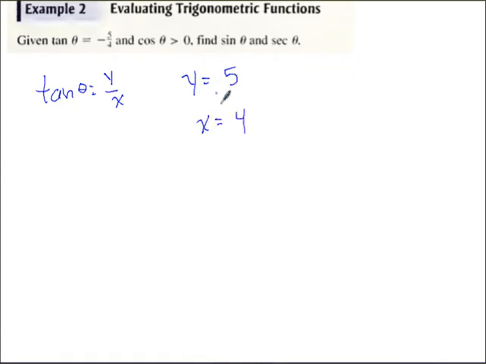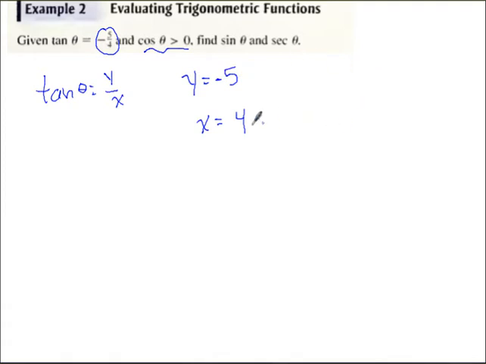What I don't know is which one of these is negative, but they give me this extra information, right? I know from the fact that I have -5/4, one of those has to be negative. The other has to be positive. Cosine of theta, which is x, is greater than 0. That means x is positive, so that leaves y as -5, giving -5/4.